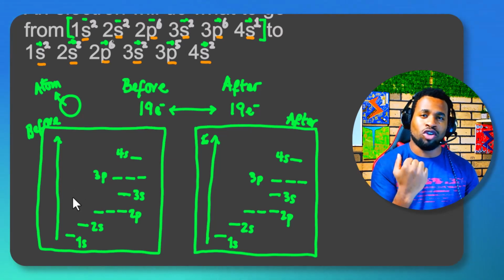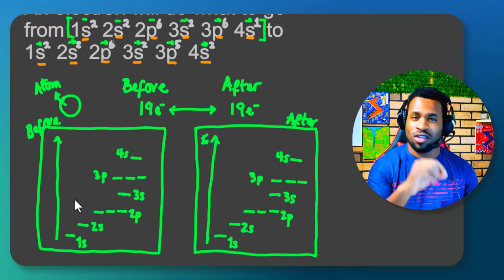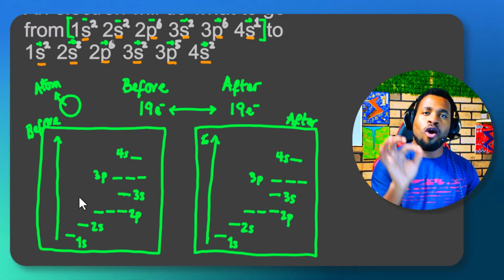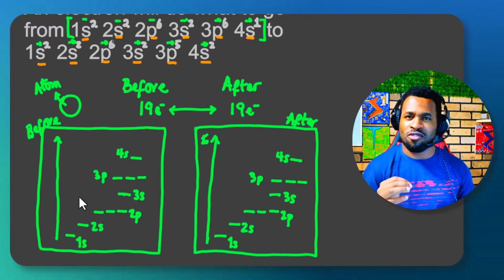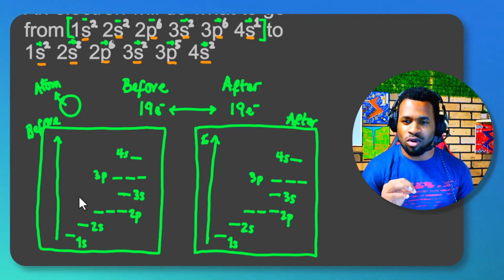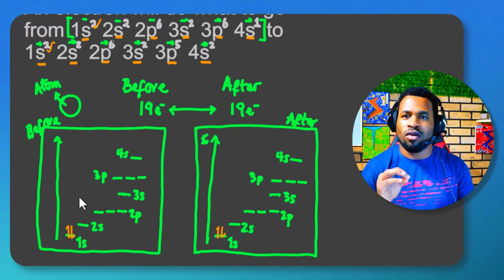That means you should have only two electrons, and those two electrons don't have the same four quantum numbers. So that's something to keep in mind. Following the Pauli exclusion principle, we have our 1s paired up with opposite spin, and that is already taken care of for the before and after.